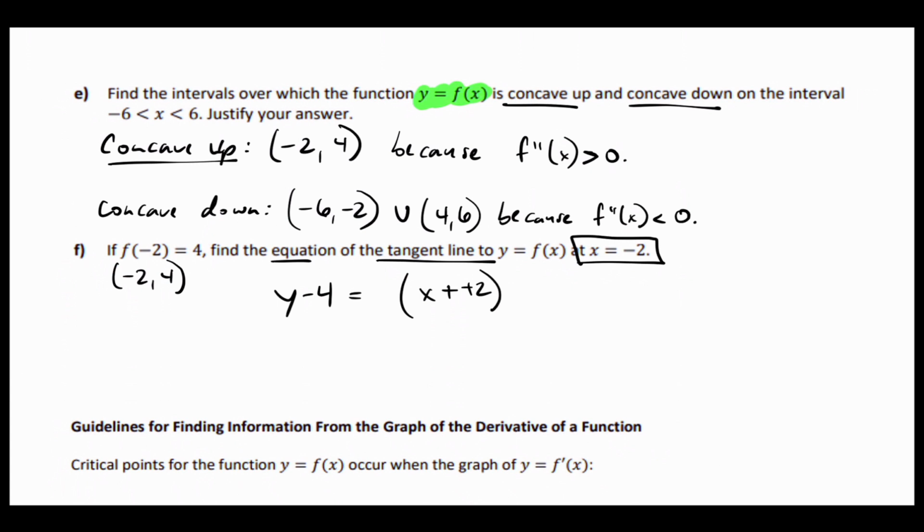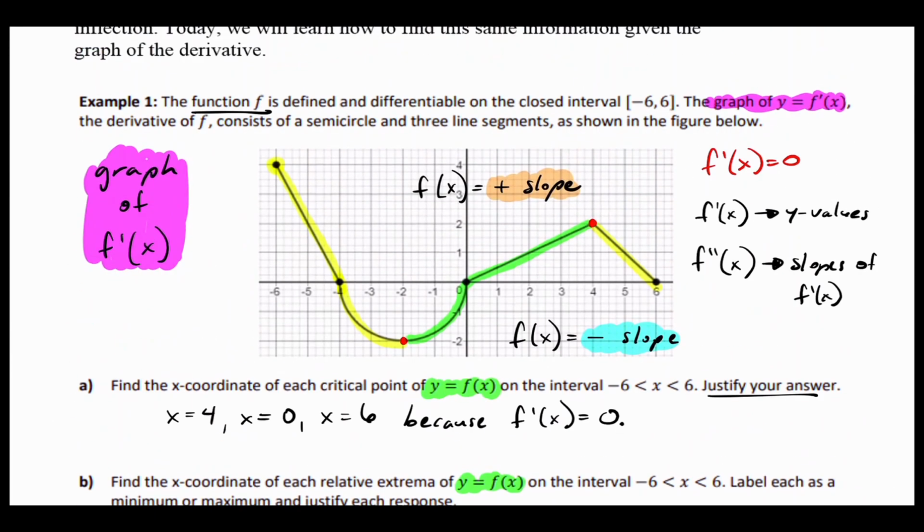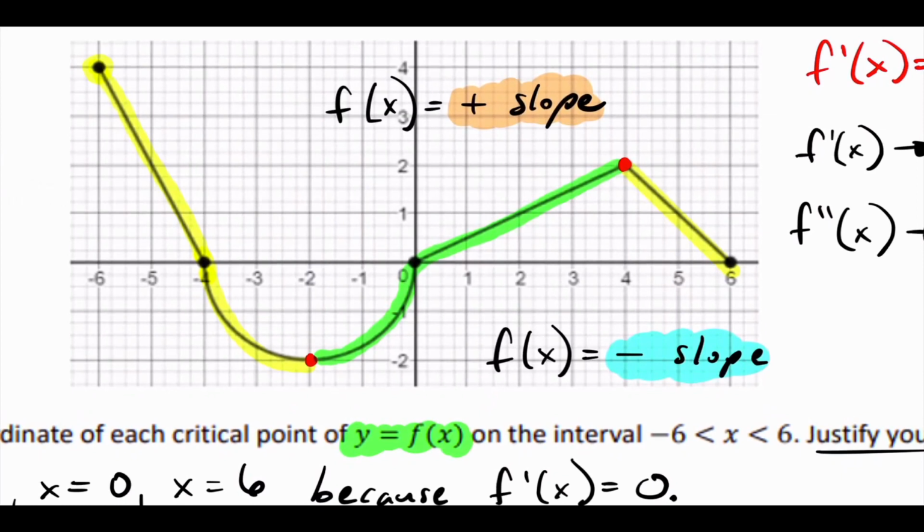You're going to use the graph. So here's -2. How do I use its derivative graph to find the slope of the original?